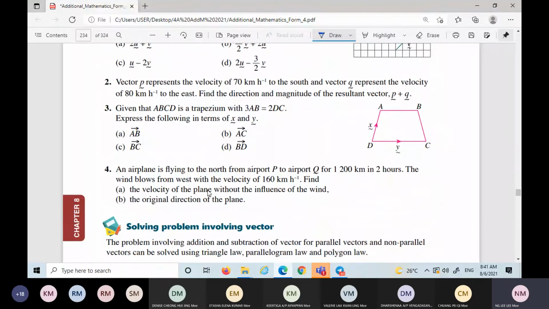Look at these questions. From here you can get the speed, kilometer per hour. 2 hours is 1,200, 1 hour is 600.